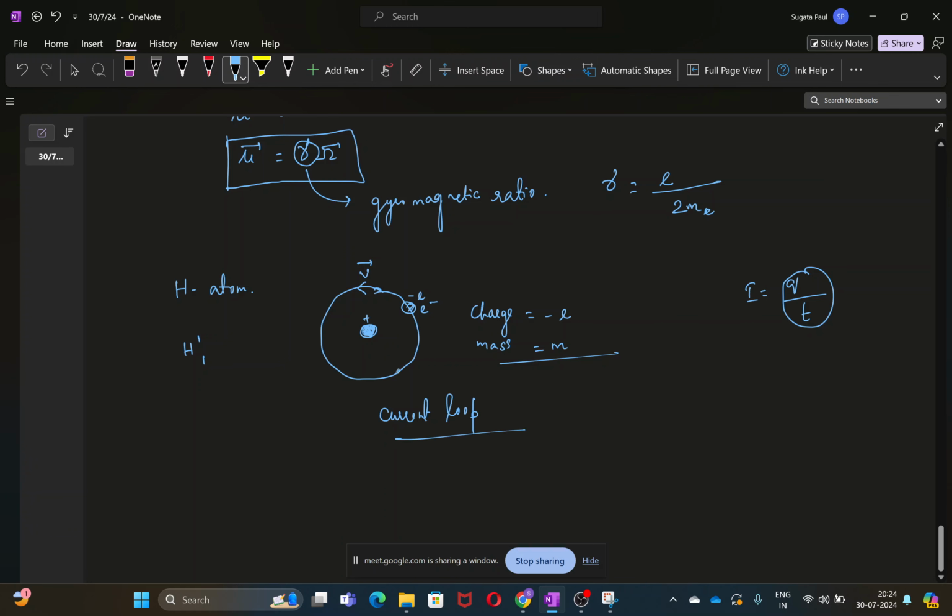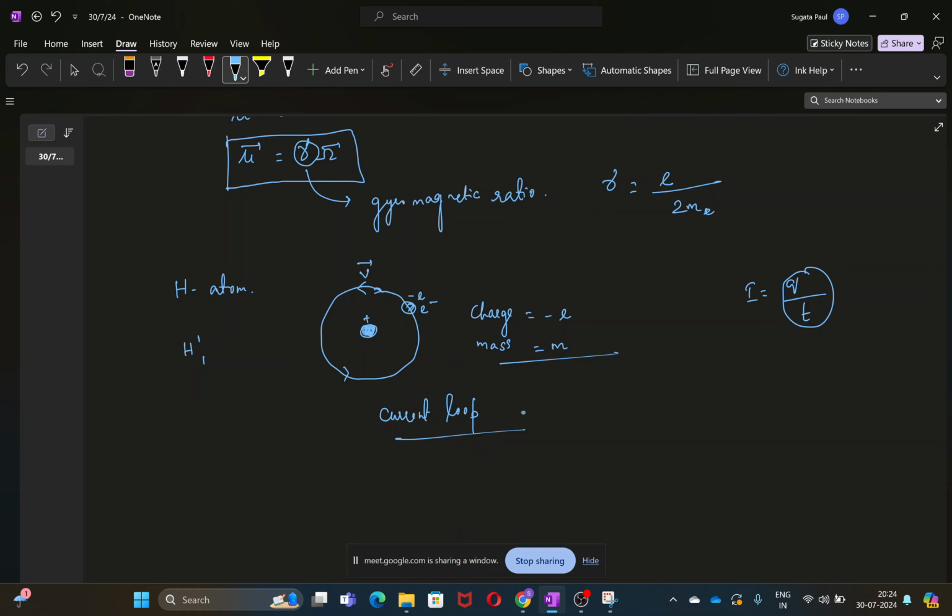Why? Because we have this electron in a particular orbit rotating around the nucleus, and it is like the current is flowing in a loop boundary, which is this orbital. Because the electron is a charge, the electron's flow direction is opposite to the conventional current direction. So you can think of it like a current flowing through the orbital like a current loop.